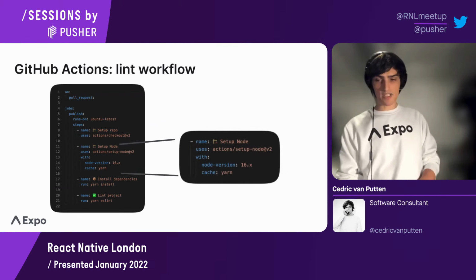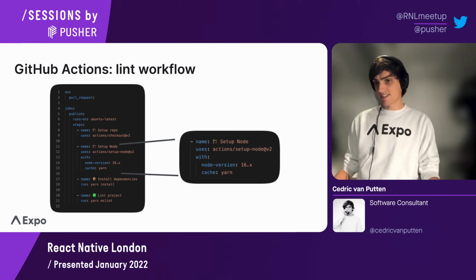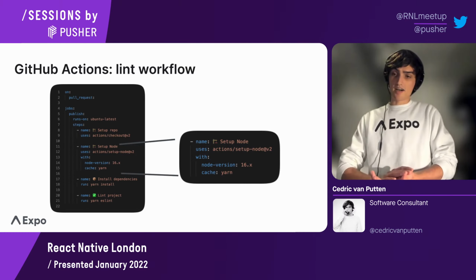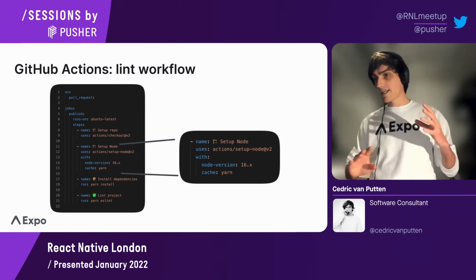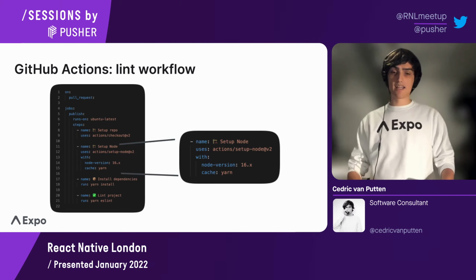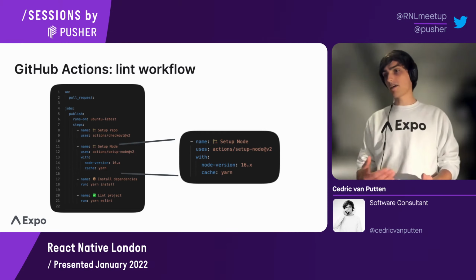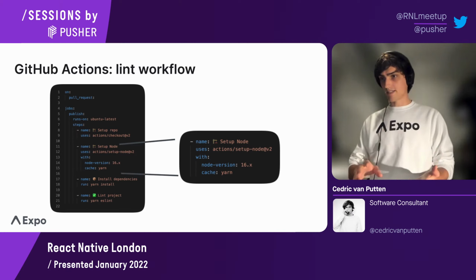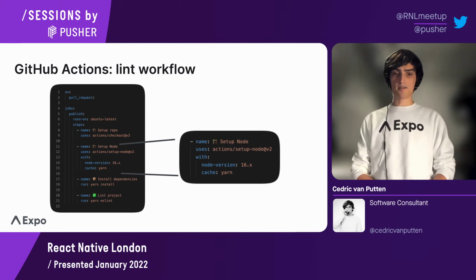So the next step is pretty simple. The same is available here: we have a setup node action that installs whatever version we provide. That can be the latest LTS, or a really old version if you need it. In this case, we just want the latest LTS 16.